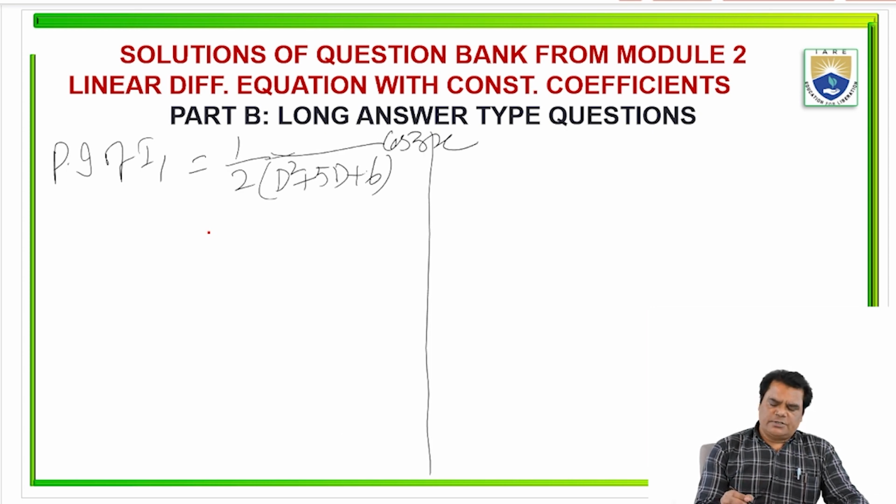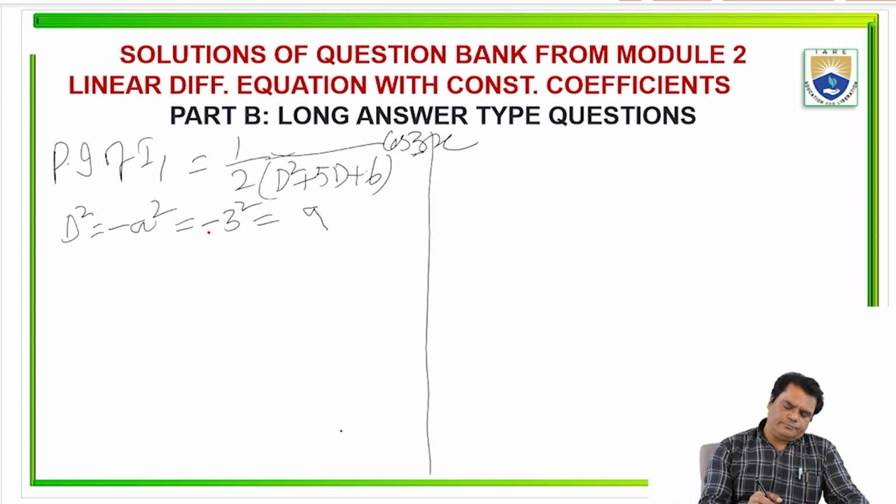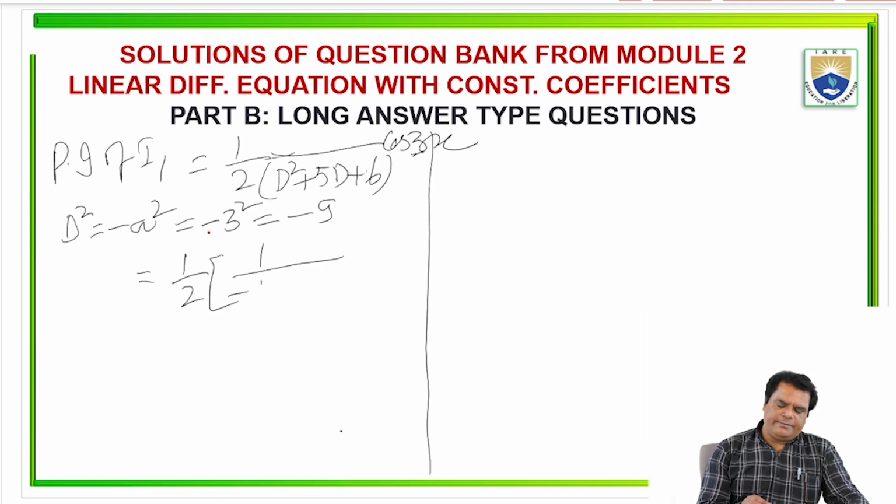We have already discussed putting D square equal to minus a square, equal to minus 3 square, equal to minus 9. So we write this equal to 1 upon 2 of 1 upon (minus 9 plus 5D plus 6) into cos 3x.